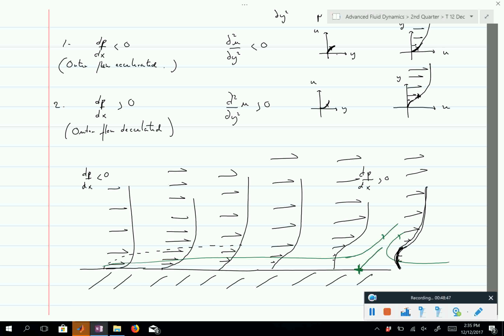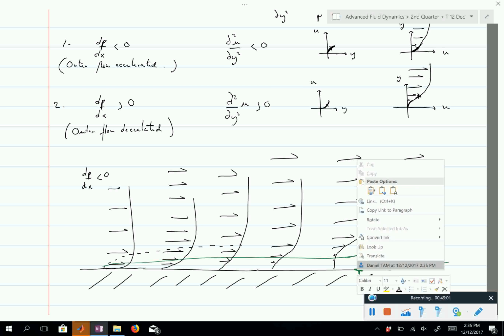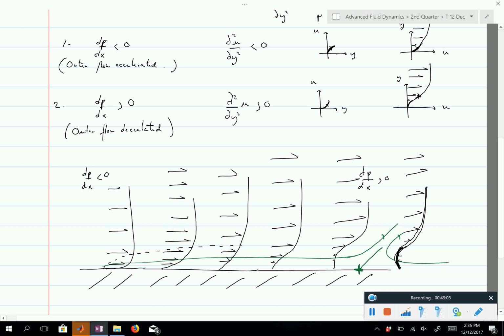When your pressure gradient becomes positive, so your pressure starts to increase when your flow slows down, then the effect of viscosity, your boundary layer effects, will tend to create a stagnation point, and then you will have flow reversal, and the only way that you can satisfy mass conservation is if you have boundary layer separation.